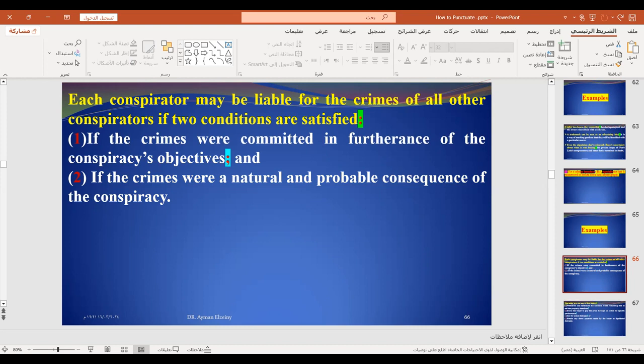In such example, we introduce a list. We provide a list of the conditions under which the perpetrator or the conspirator shall be liable for crimes of other conspirators. Another example.